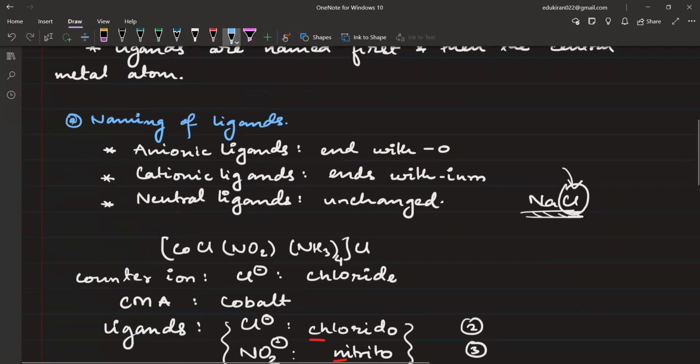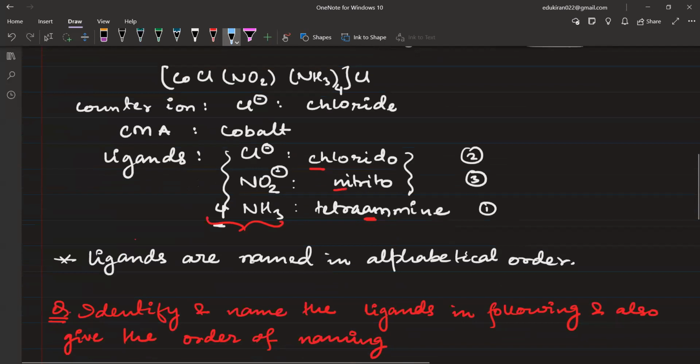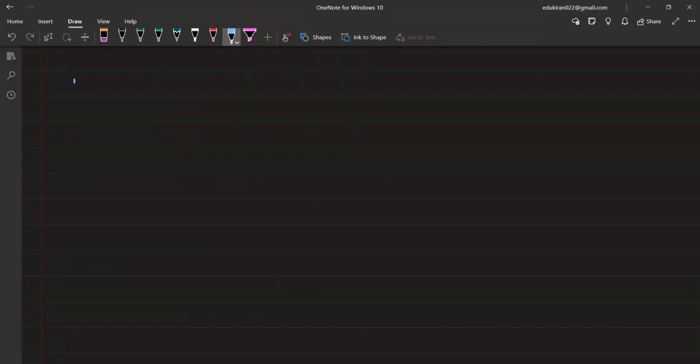Coordination entity, naming of ligands, and this is about di, tri, tetra, etc. Okay, numerical prefixes to indicate number of ligands.